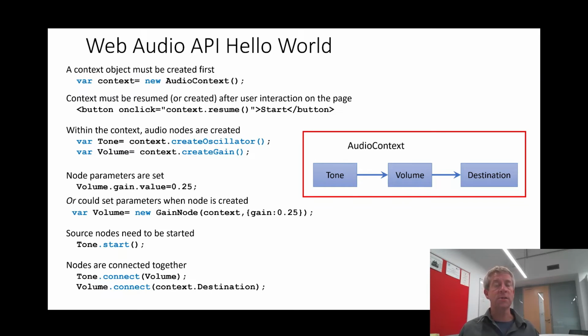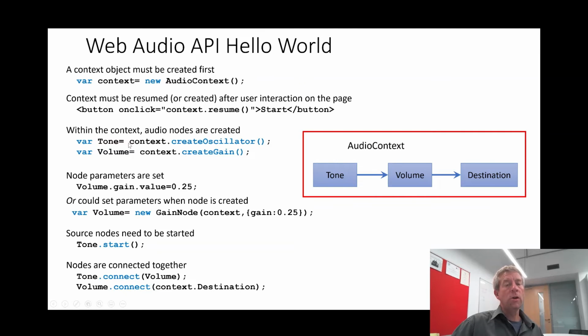Otherwise, there are serious issues with the user experience. So that's what's done on this line here. There are many other ways to do it, but here we had a button which, if clicked, will run the function resume on the context.